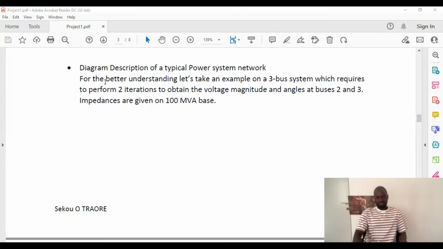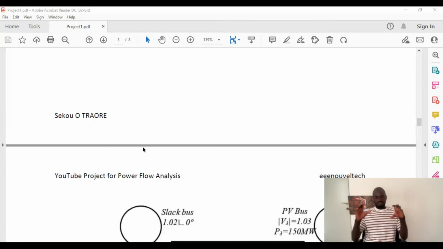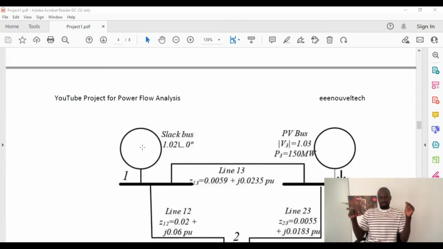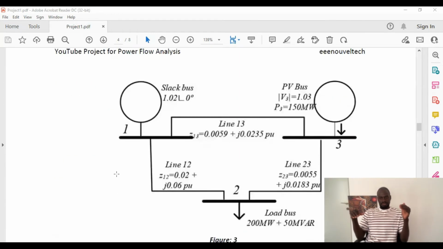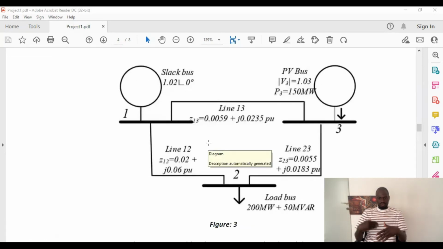You can see we have 3 different buses here: literally a slack bus, a PV bus, and a load bus. The load bus is also known as a PQ bus. We'll also discuss these 3 elements and all of the variables.